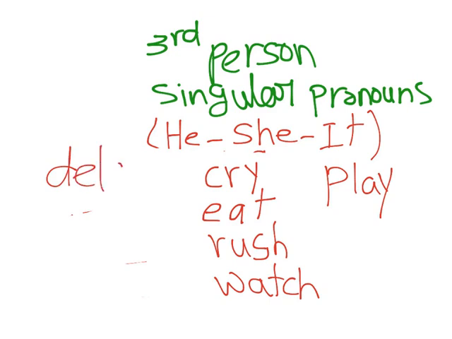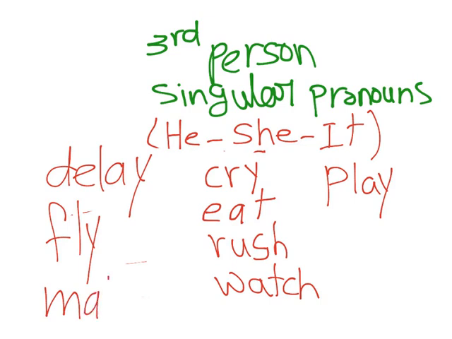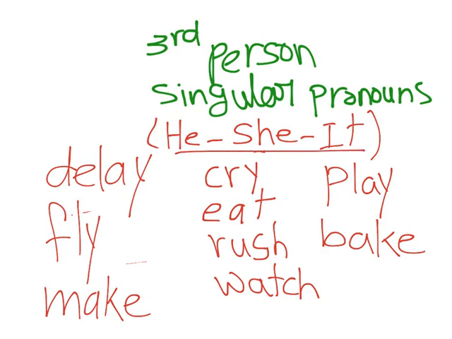Delay, fly, make, bake. These are random verbs. Let's see if I want to use these verbs in the present simple with these pronouns.